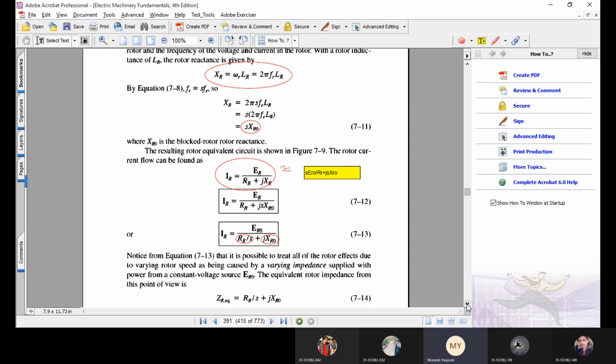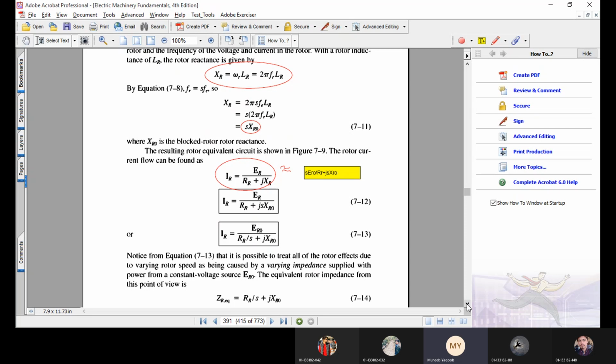Now what is the advantage of equation 7.13 over equation 7.12? The advantage is that in equation 7.12 there are two terms that are dependent on S. One is ER, which is equal to S ER naught, and the other is XR, that is equal to S XR naught.